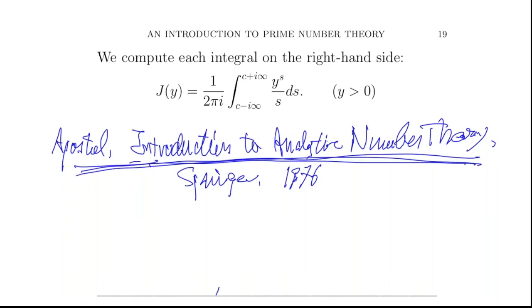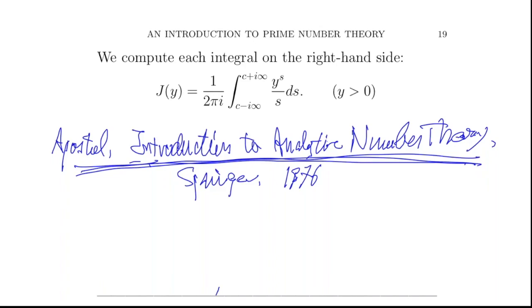If you are more advanced, then probably the standard reference now is Montgomery and Vaughan, Multiplicative Number Theory, probably Cambridge University Press.